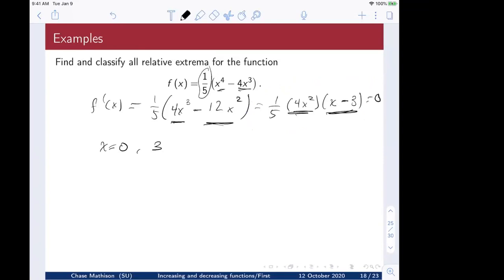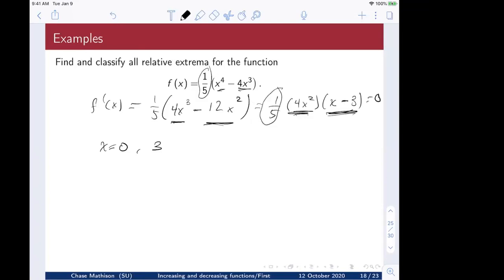Excuse me, I have a question. When there's a constant, like that 1/5, since it can't equal 0, do we just not look at it? Excellent question. Yeah, that's exactly right. The idea behind factoring is if I have a product of two or more things and I get 0 from it, then I know at least one of those things had to be 0, right?